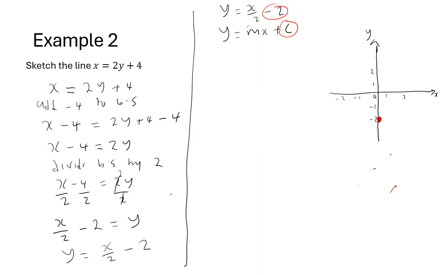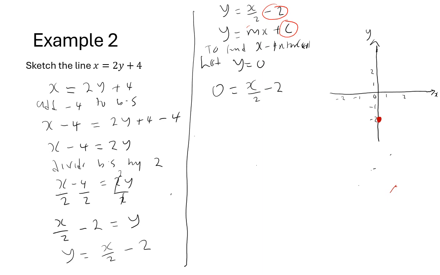So to find the x-intercept, here we let y be equal to 0 instead of x. If y equal to 0, from our equation we'll have 0 equal to x over 2 minus 2.